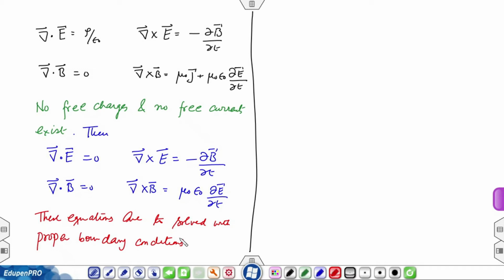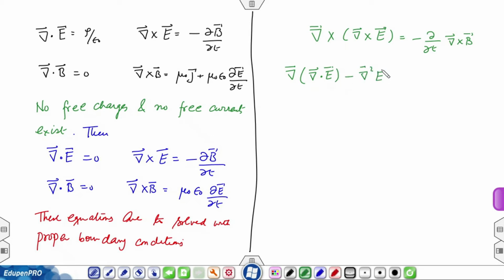So, now let us go further and take the curl of one of the equations. Let us take the curl of the curl of E equation, and this gives me minus d by dt of curl of B. The left hand side by vector identity is gradient of divergence of E minus del square E, and the right hand side is minus d by dt of mu 0 epsilon 0 dE dt.